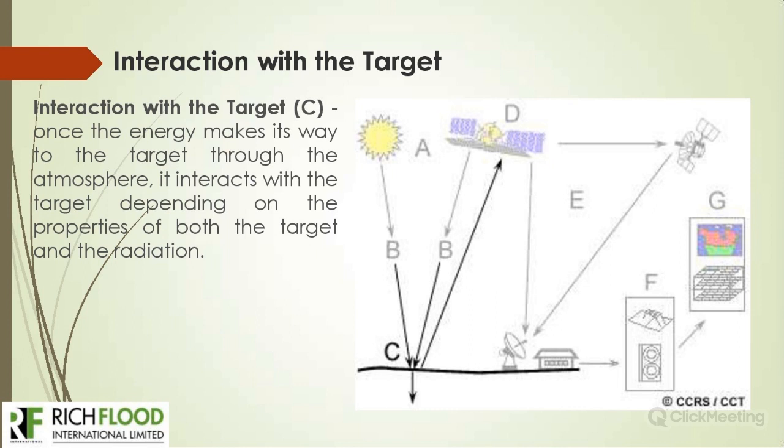So the interaction of the electromagnetic radiation that has passed through the atmosphere on the target is very important for you to understand what is being reflected back to the sensor, because what has been reflected or emitted back to the sensor is what we are going to see, and the information you are trying to get from this object on the Earth surface.